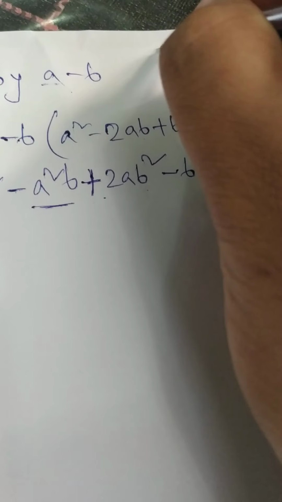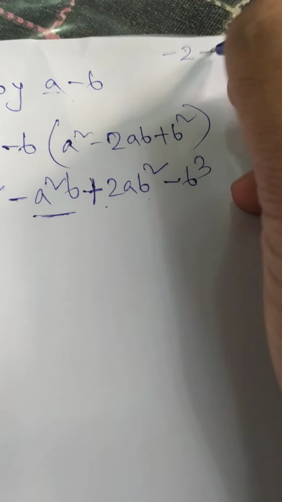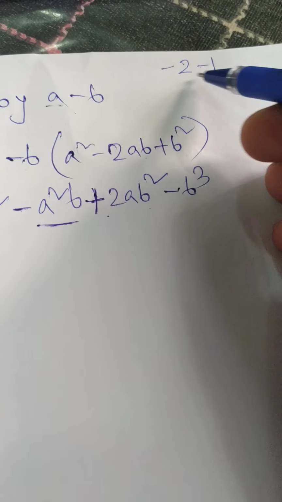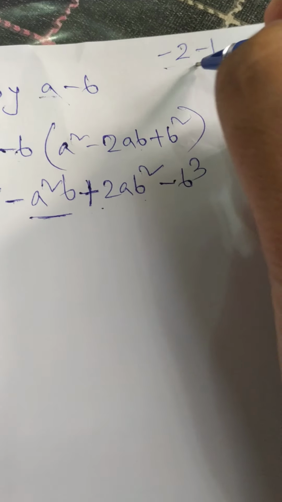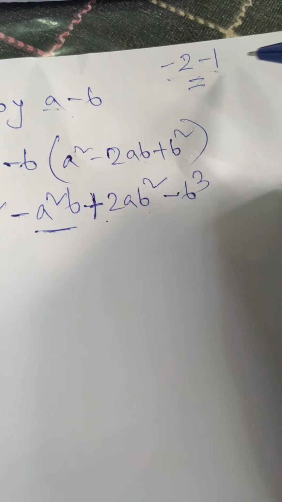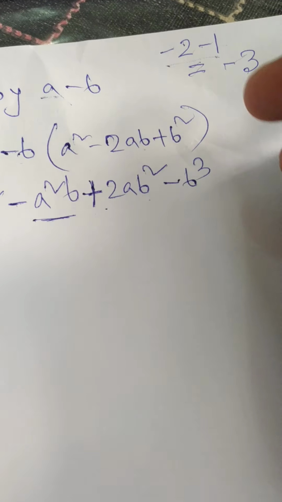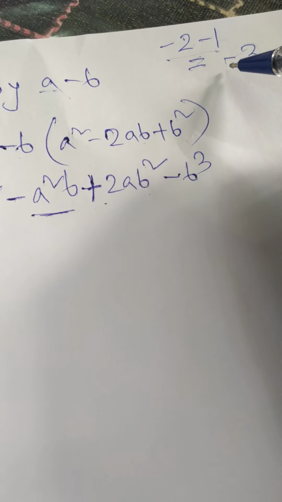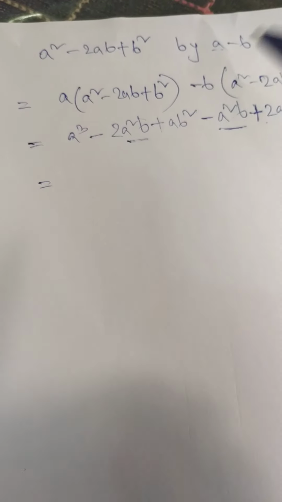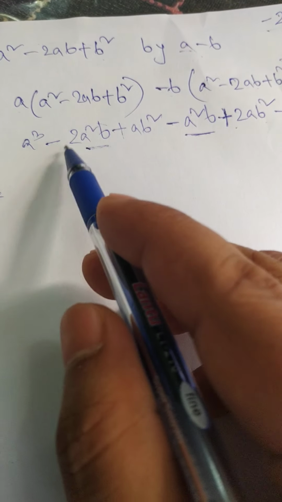So you see minus 2a square b minus a square b, so we need to add them up, right? From class 6 also we did minus 2 minus 1. If we have these two signs, like minus 2 minus 1, what do we used to get? Minus 3, right? We add them up and then we put the minus sign. So over here as well, both have negative signs.